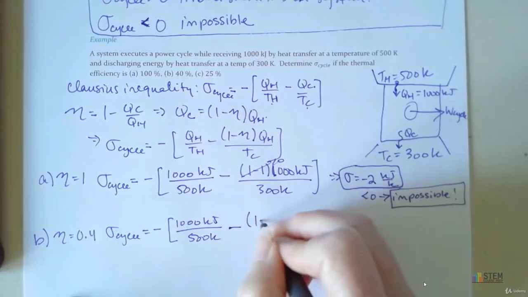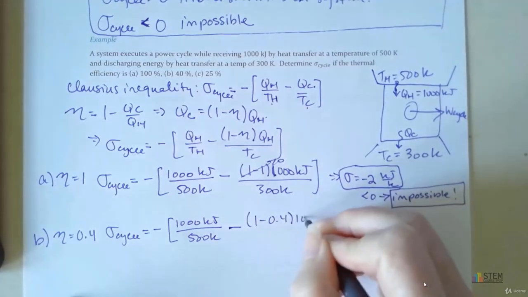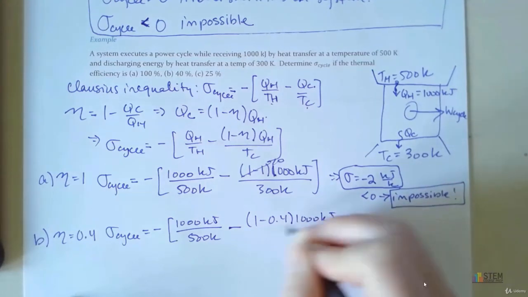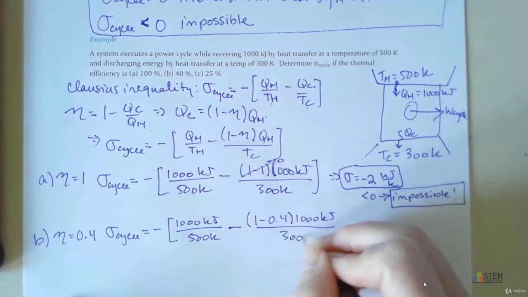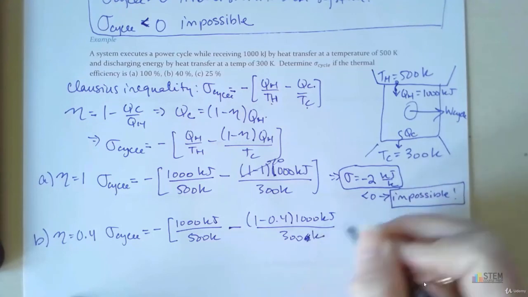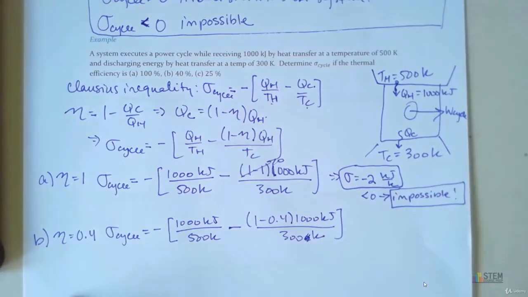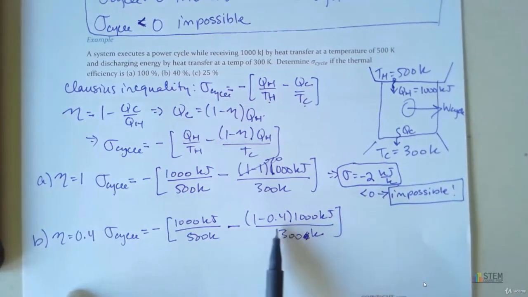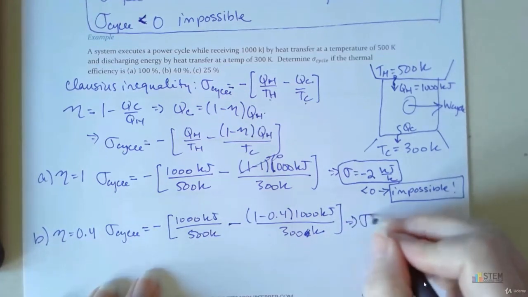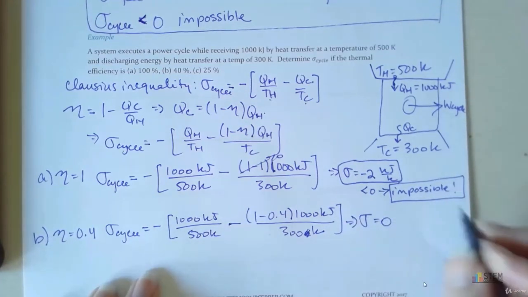Then we subtract 1 minus 0.4 times 1,000 kilojoules. Put that over 300 Kelvin. All right. Now on this one, these two are going to end up being the same value. So you end up getting a 0 here. So sigma is going to be 0.